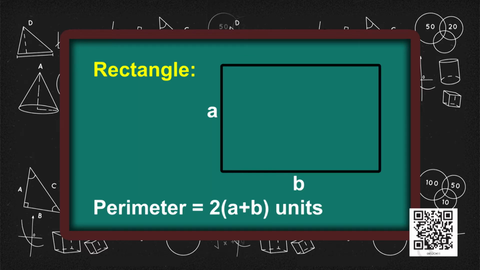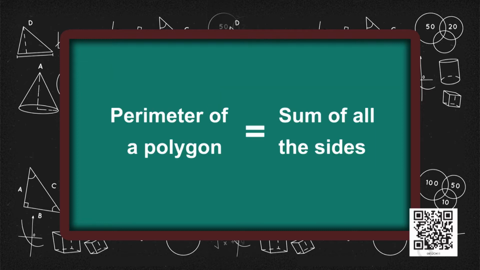Perimeter of a rectangle of length B units and breadth A units is 2 times A plus B. From these examples, we can say that the perimeter of any polygon can be obtained by adding all the sides. That is, perimeter of a polygon is equal to the sum of all the sides.